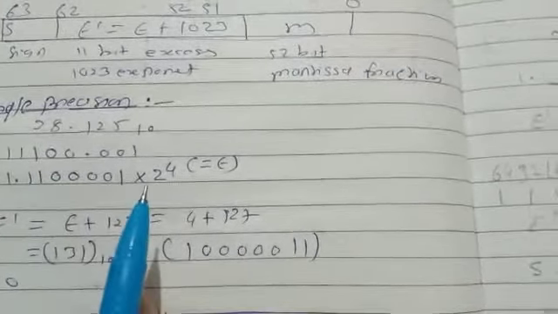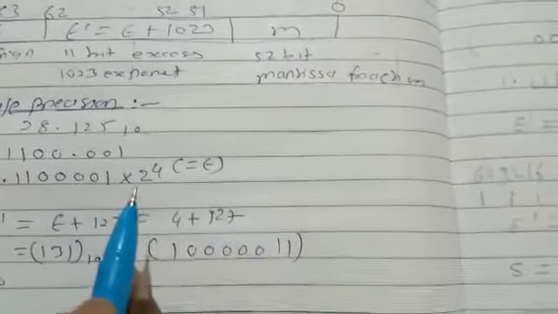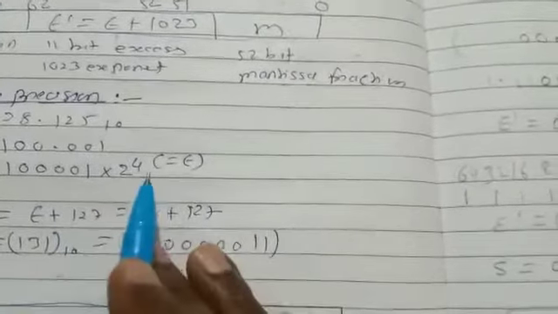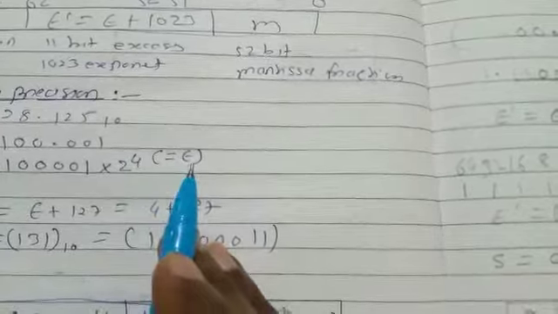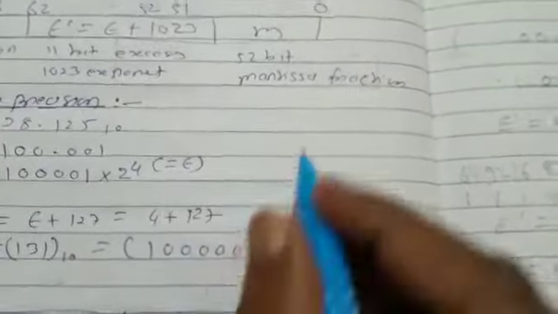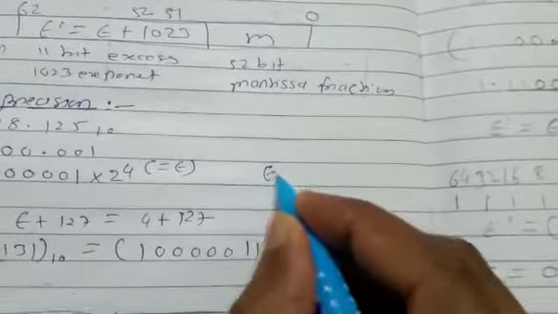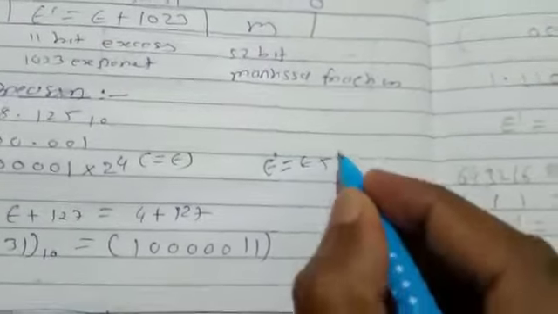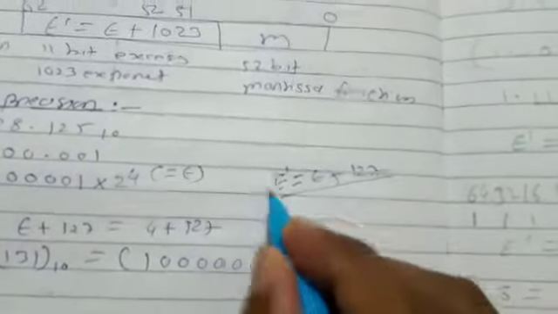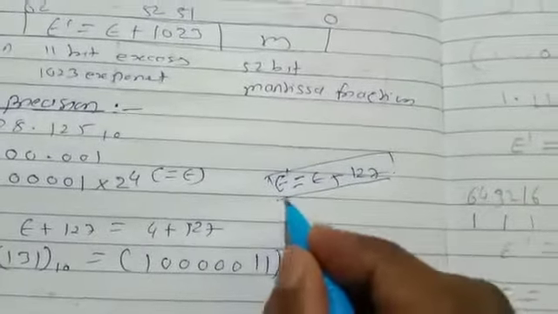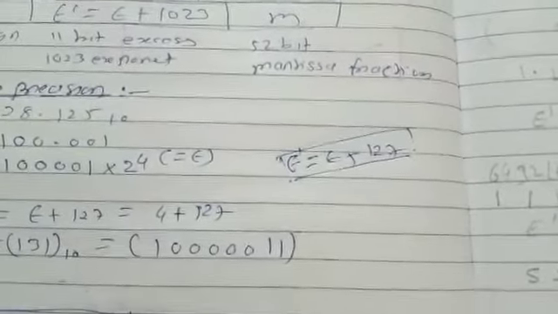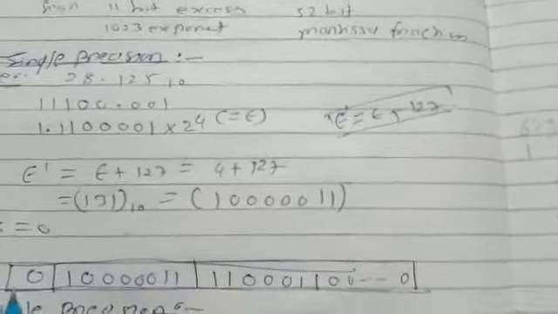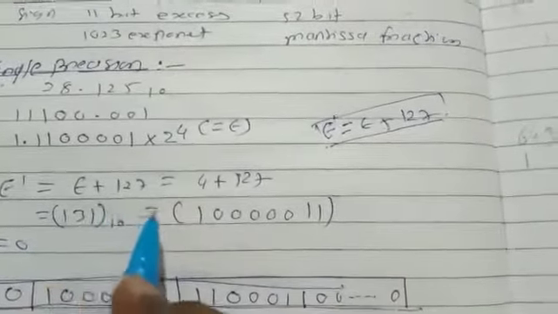So we write it as 2 to the power 4. The 4 indicates e. That is why it is required, because we know that e dash equals e plus 127 for the single precision format.